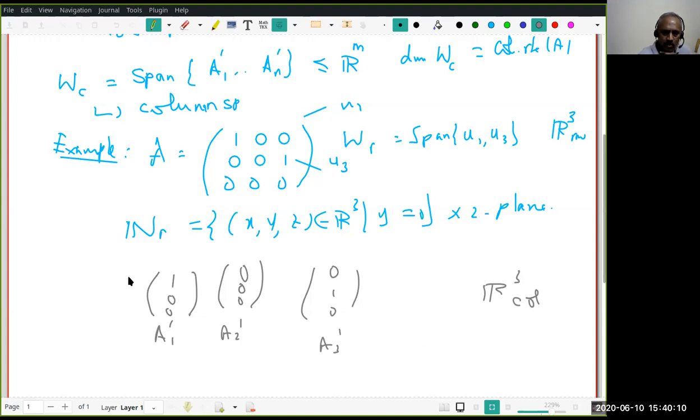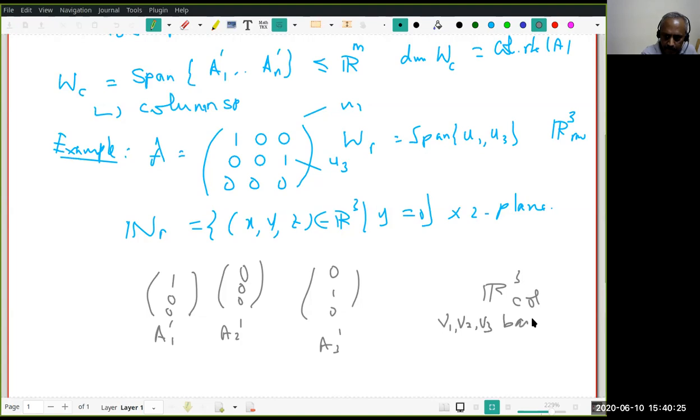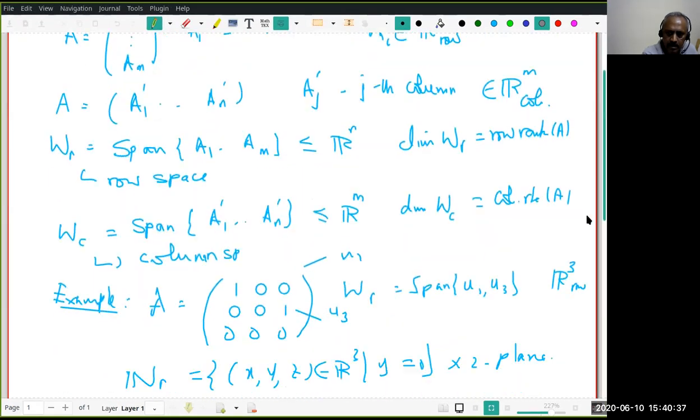Standard basic vectors are (1, 0, 0), next will be (0, 1, 0), third will be (0, 0, 1). Therefore, I'll call them respectively V1, V2, V3. These are the standard basic vectors. So this thing is nothing other than V1. This is the 0 vector and this is V2. Do you accept it?